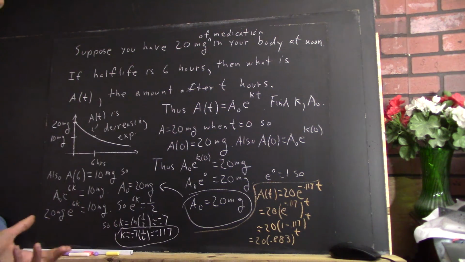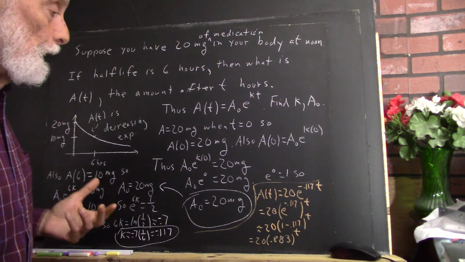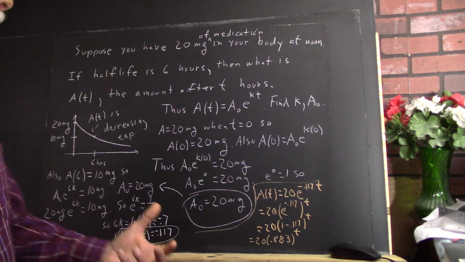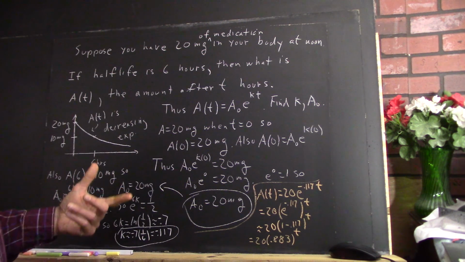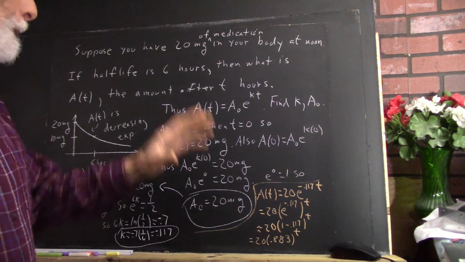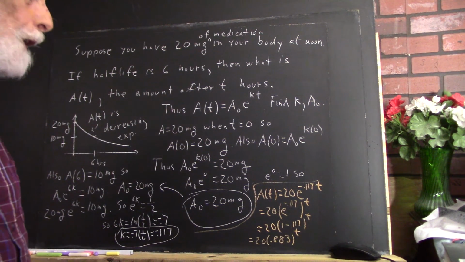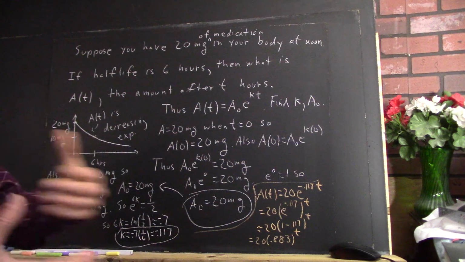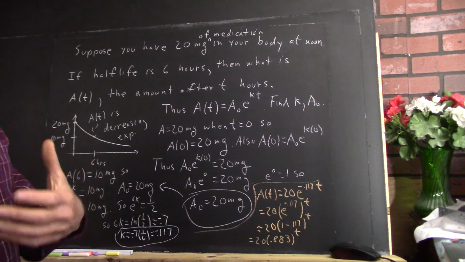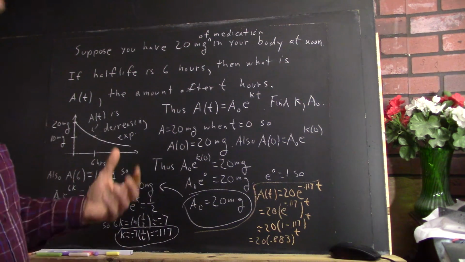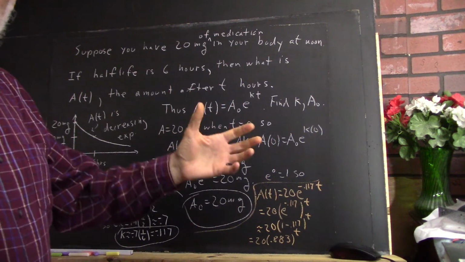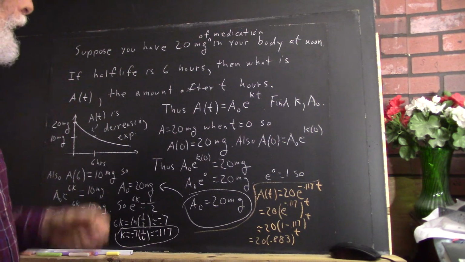Now, having said that, what happens in your body is a little more complex than this model. I don't know the details because I'm not a medical person, I'm not a biology person. There are all kinds of things. You have different enzymes acting in your body and different chemical pathways, and so forth.